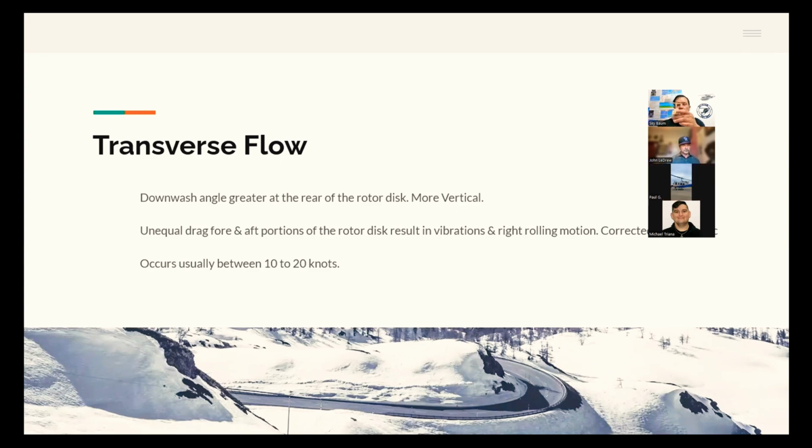They kind of follow each other, the translating tendency. So pretty much just a touch of left cyclic will do.